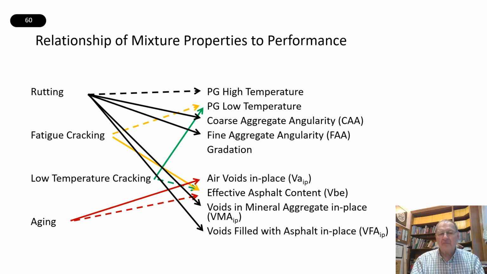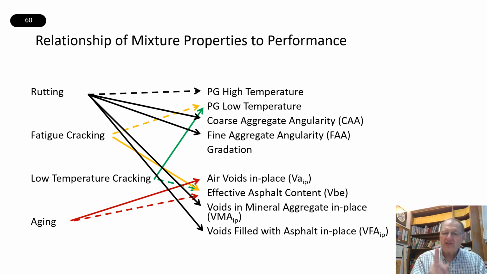It turns out that for rutting, you can have a coarse graded mix or a fine graded mix and have it be rut resistant. For fatigue cracking, it doesn't matter what the gradation is; coarse graded or fine graded, it can resist fatigue cracking. Low temperature cracking is from the asphalt binder and has nothing to do with gradation at all. And aging has everything to do with the in-place air voids content, whether it's coarse graded or fine graded.